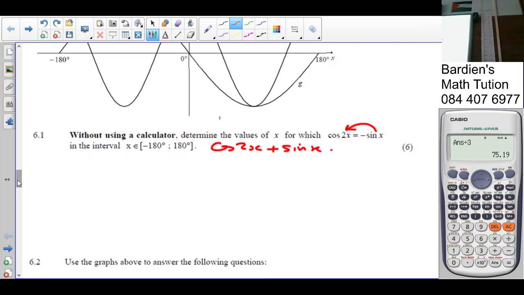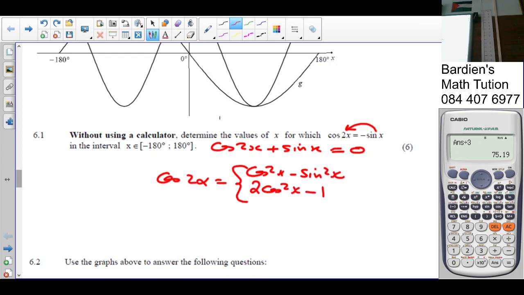But we say, okay, there's no way I can factorize or do anything with regards to cos 2x here. So remember, as I wrote it down earlier on, that cos of 2x can be written as 1 of 3. It can be written as cos squared x minus sin squared x. This is also on your formula sheet. 2 cos squared x minus 1 and 1 minus 2 sin squared x.